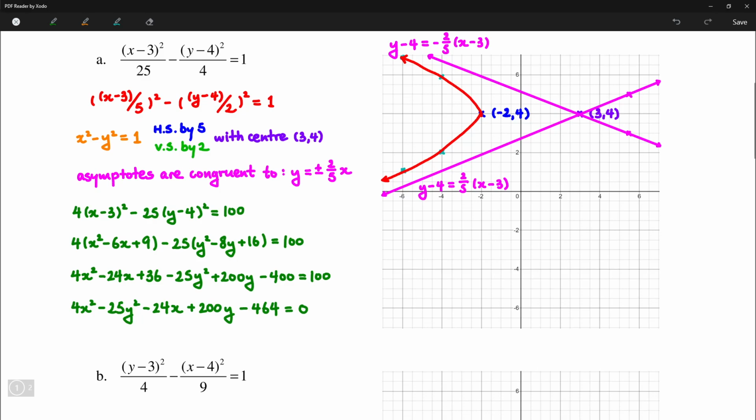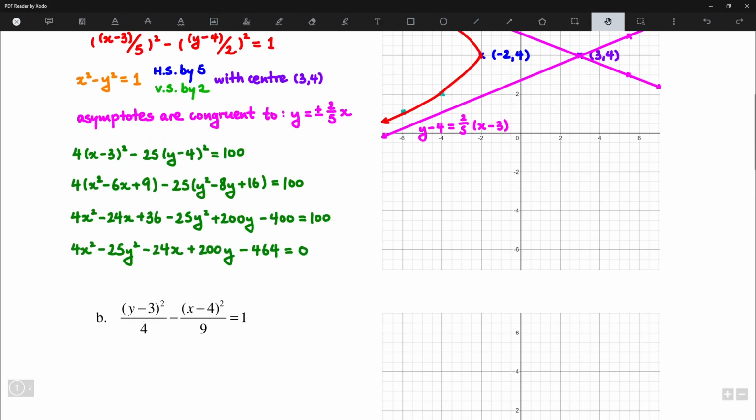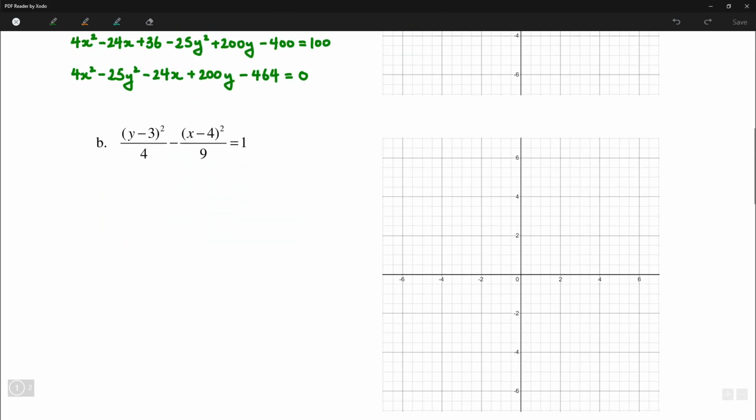So let's look at another example, example 1b. The first step is basically the same. We are going to rewrite this equation as y minus 3 over 2 all squared minus x minus 4 over 3 all squared, and that's going to be equal to 1 on the right-hand side.